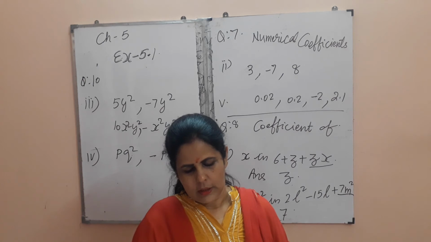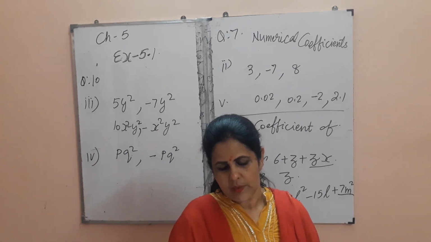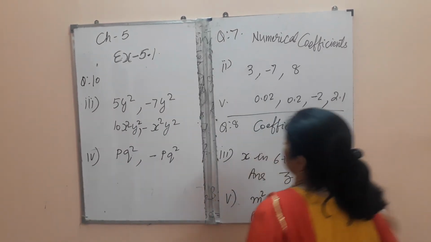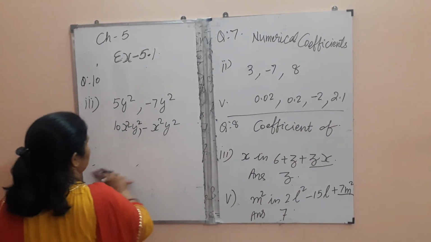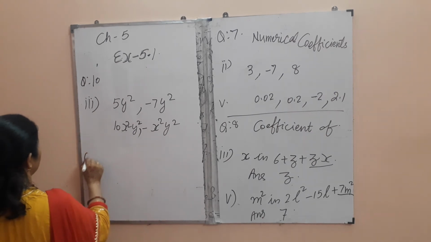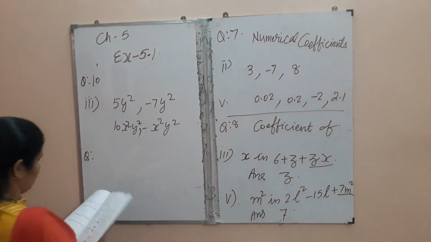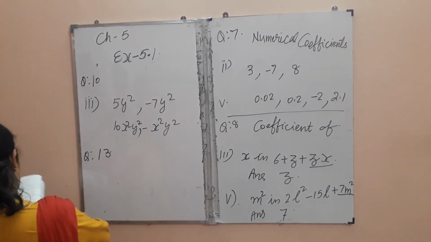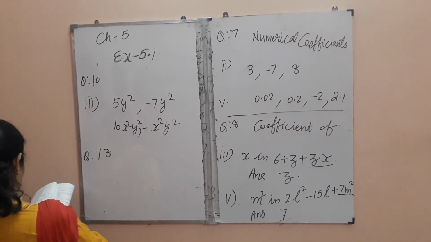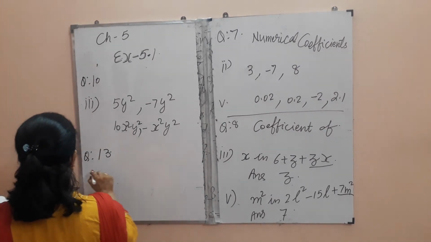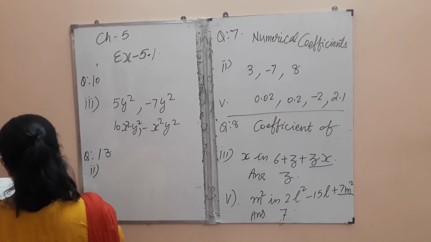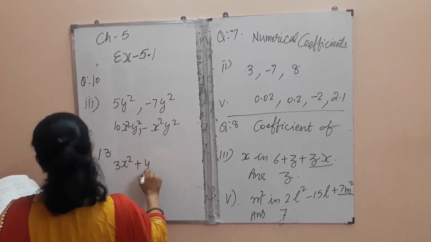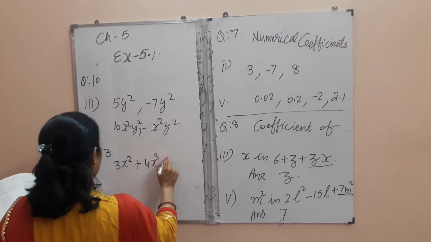Now question number 13. Write the degree of each of the terms and the polynomial. Degree of term and polynomial both you have to write. I will solve question number 2 and question number 4. 3x square plus 4x cube plus 1.